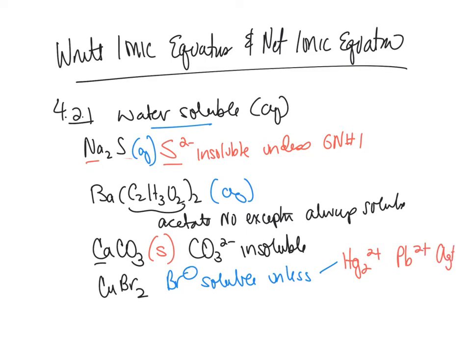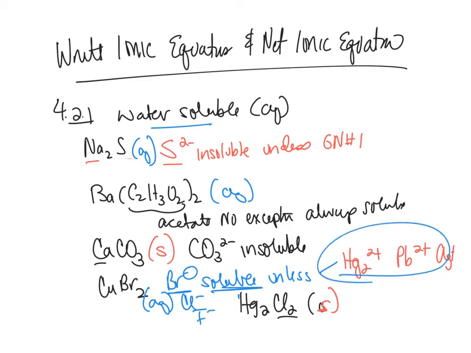So this would be aqueous. And also group 1, right? But it's also soluble. Okay, and then what we got? We got mercury chloride. Okay, and then that's going to be solid because we just said that these halogens, bromine, chlorine, and iodide, are soluble unless they're with one of these 3, and there's mercury.